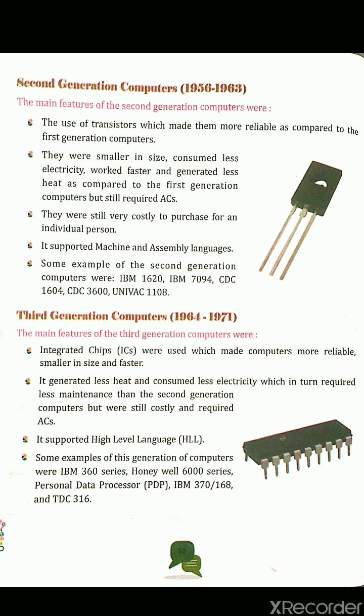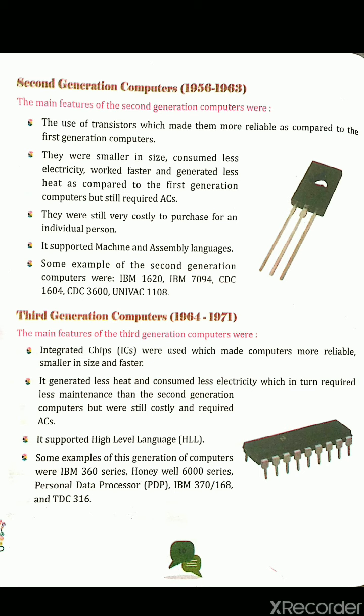A common person couldn't purchase them. Machine and assembly languages were used in these computers. Examples of the second generation computers were IBM 1620, IBM 7094, CDC 1604, CDC 3600, and UNIVAC 1108.